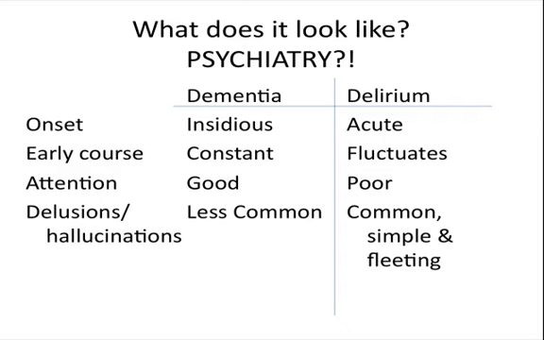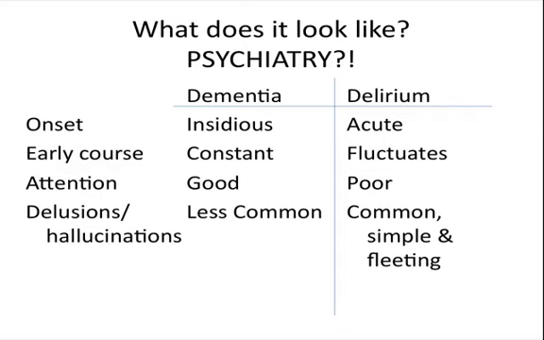Early course of the disease in dementia will be a sort of constant increase in symptoms, so generally they'll be the same from one week to the next, whereas in delirium this is something that's fluctuating, because it's dependent on things, as I mentioned, such as the light and sensory input.